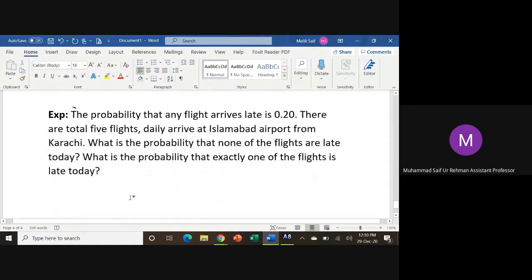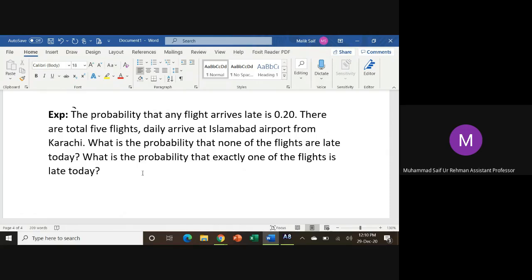Now, first of all, you will see what is the probability of success in this case. You have to define it. So see the question. The probability that any flight arrives late is 20%. So late arrival is the probability of success in this case.